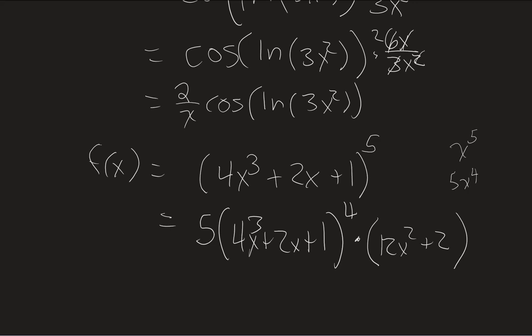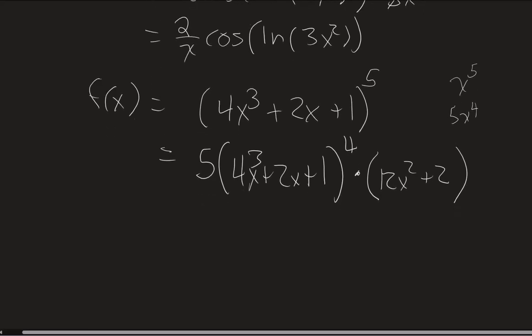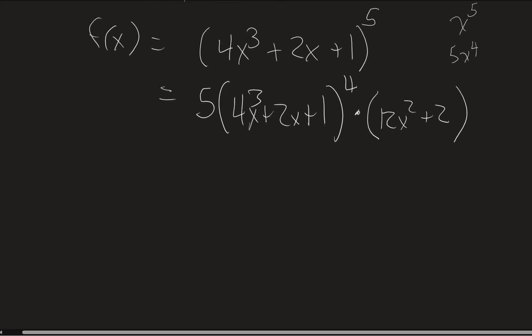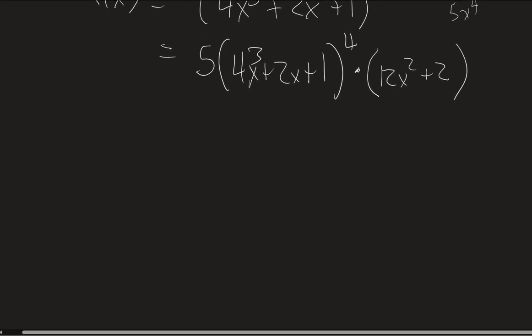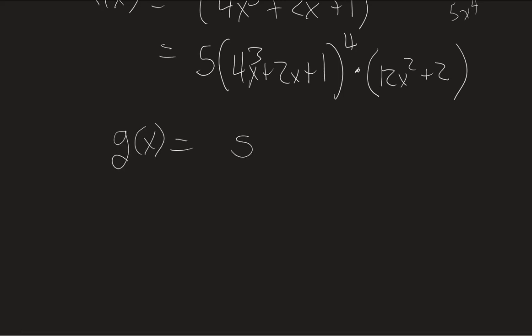Okay, now let's look at a special way that this is sometimes written. Let's say I have g of x equals sine squared of x. That sine squared of x is just a shortcut for sine of x, squared.